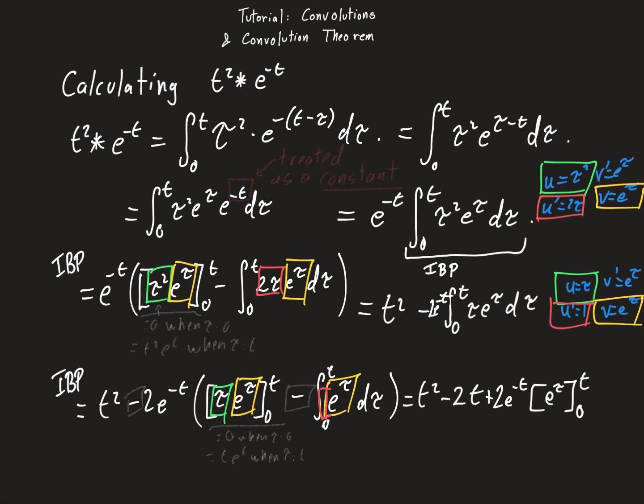All right, those are our final values. Let's plug this all in. And quickly, I will note that this guy is equal to 1 when tau is equal to 0, and is equal to e to the t when tau equals t.